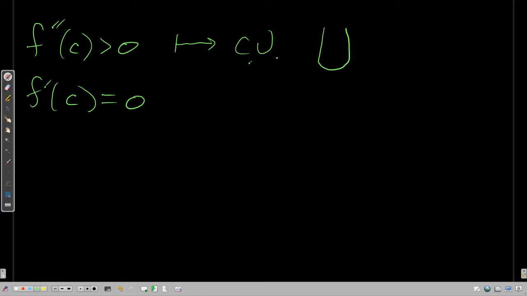And being 0 right there tells you that the tangent line goes horizontal at that point. If C is in the domain of f, then it would tell us that C is a critical value. And I'll presume that since f is continuous at C, C is a critical value, since in order to be continuous at C, you would need C in your domain. So C is a critical value.